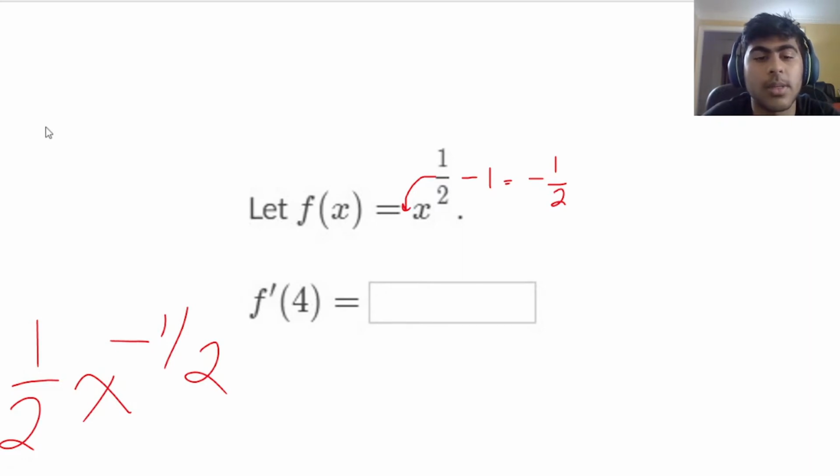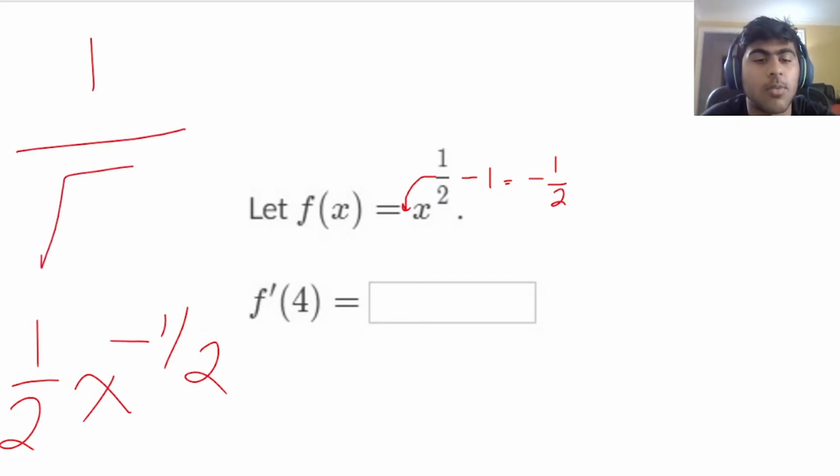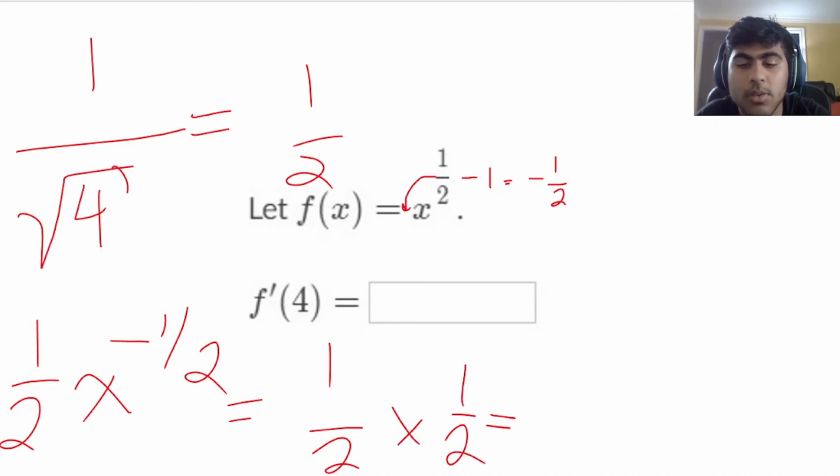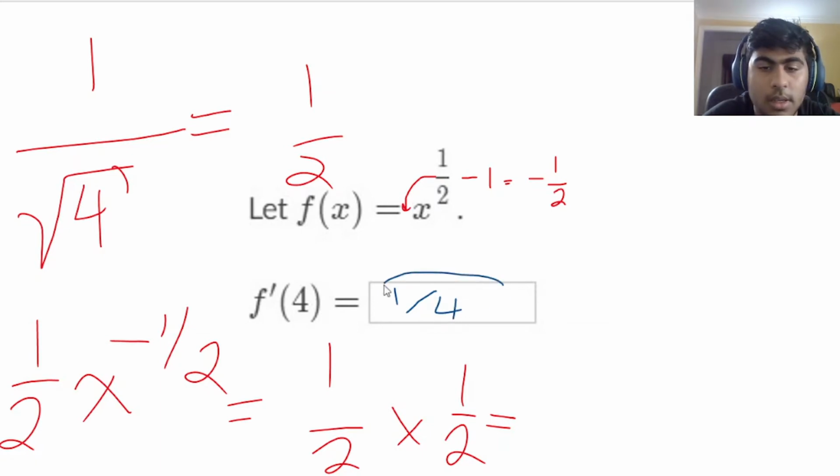So this is going to be like the square root of 4 to the negative 1, and that just means the inverse. So 1 over the square root of 4, or 1 half. That's going to be this 1 half that we already have times this new 1 half, and that is going to equal 1 over 4.